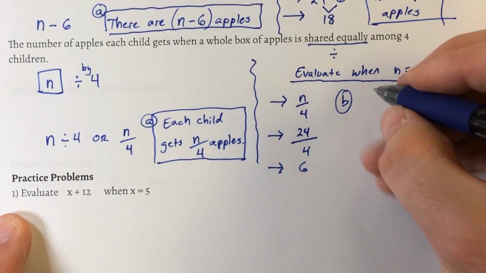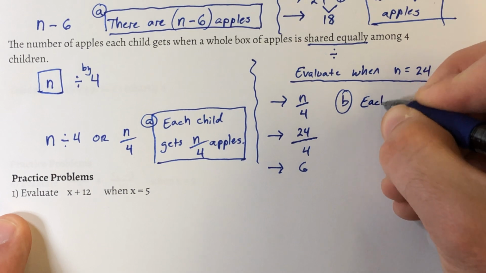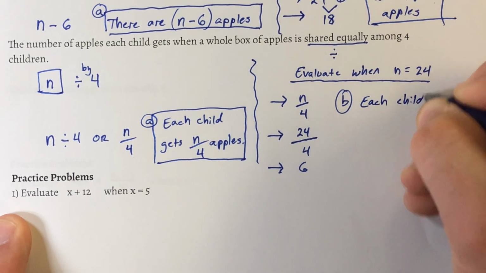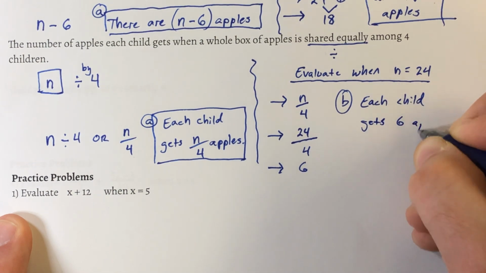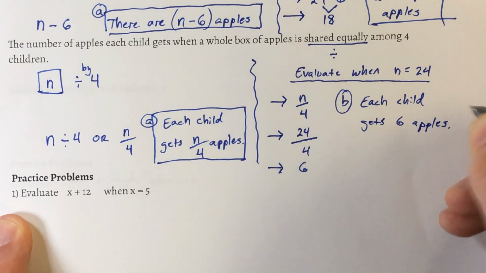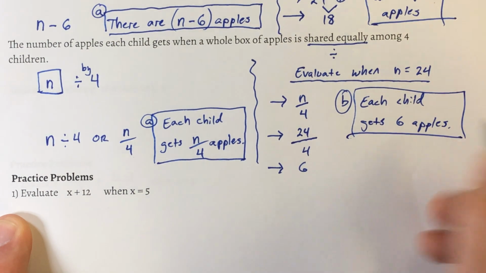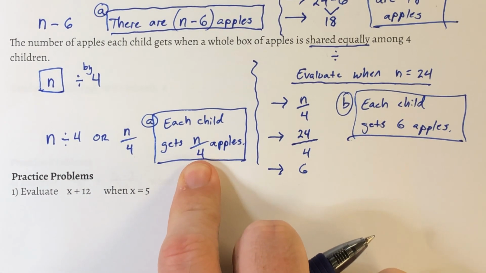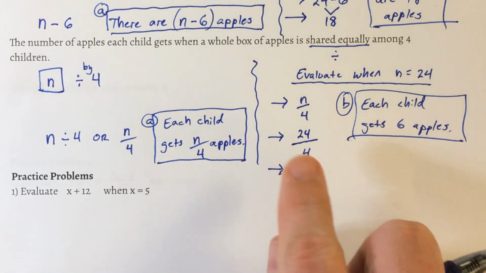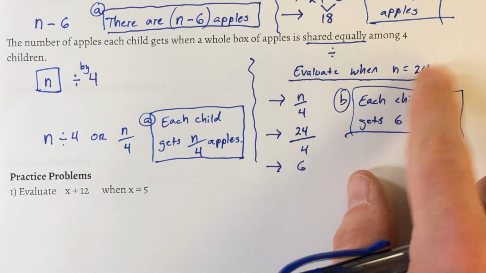Each child gets 6 apples. So our expression, when we don't know our information, kind of tells us how to get our answer when we know all the information.